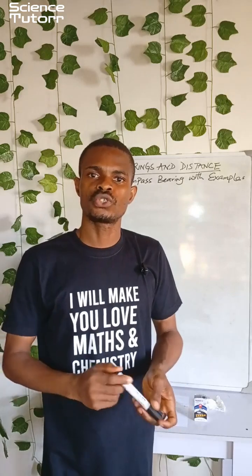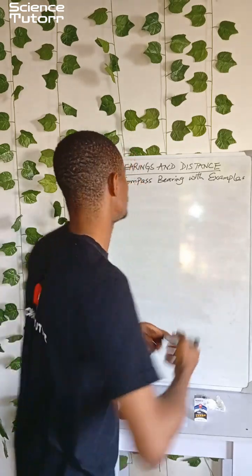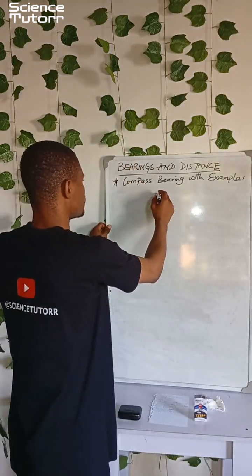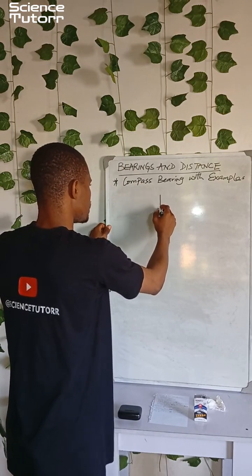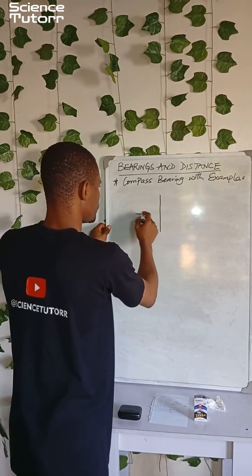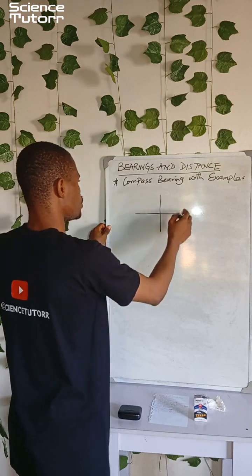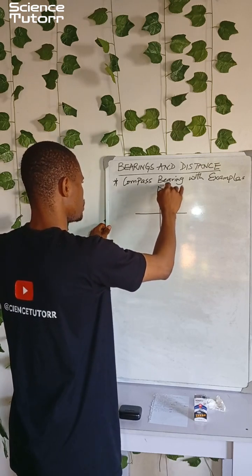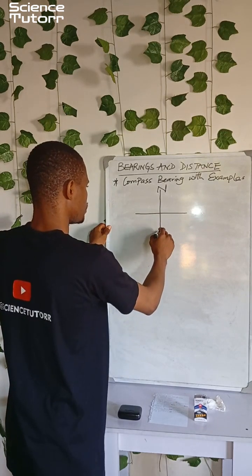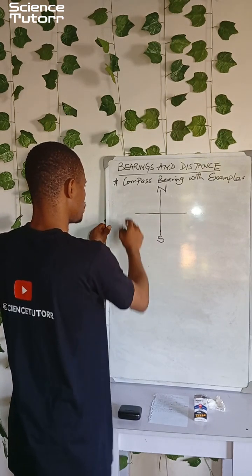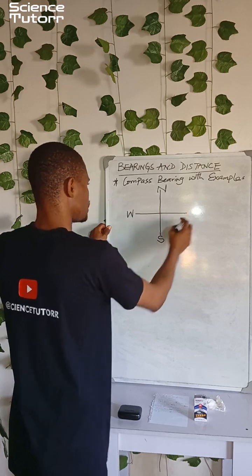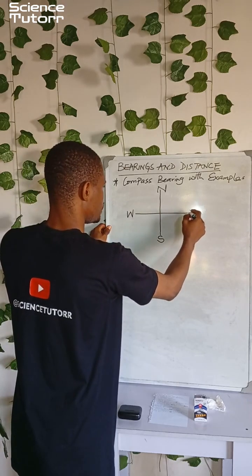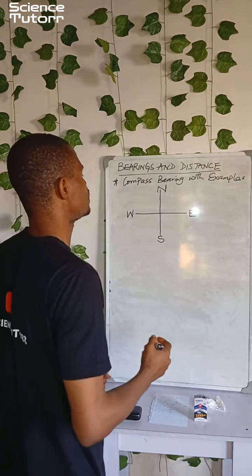Now that brings us to our cardinal points. Our cardinal points can be drawn in this manner, like a cross, of which we have the north at the top, south, west, and east. This is our cardinal point.